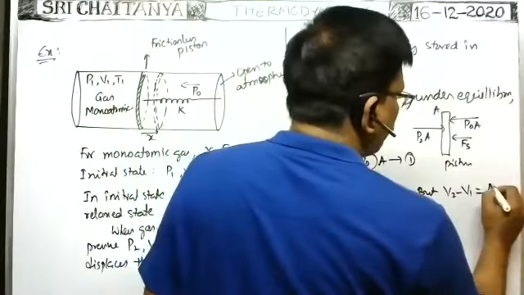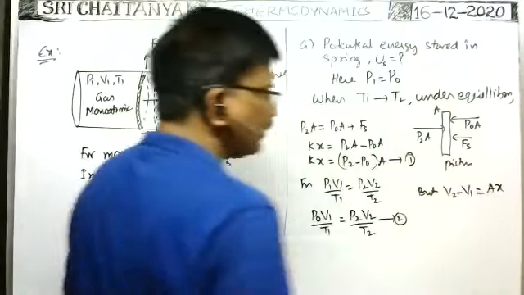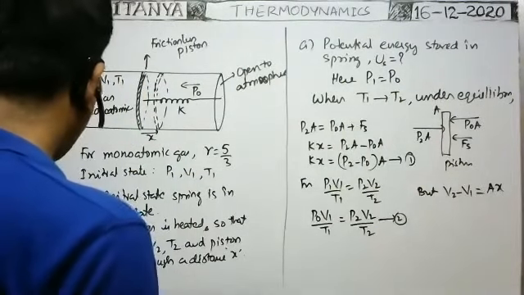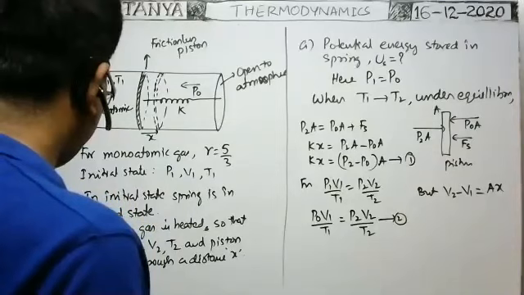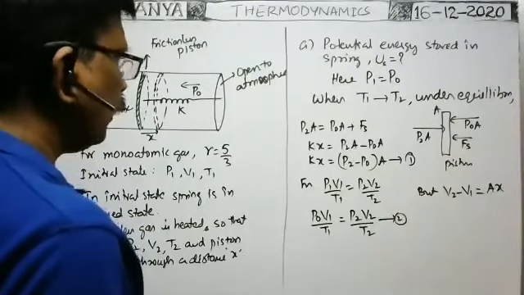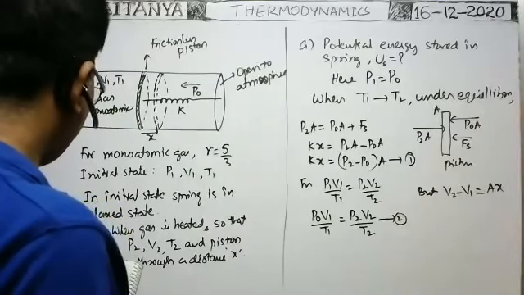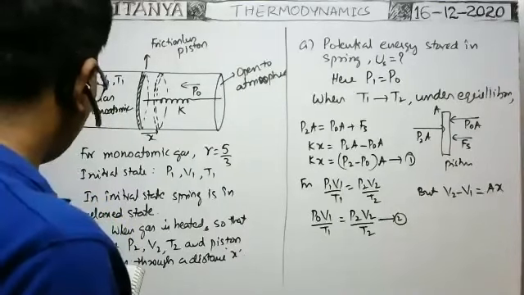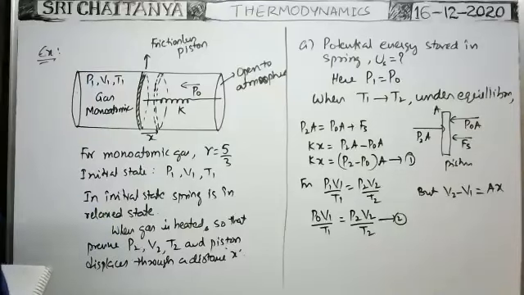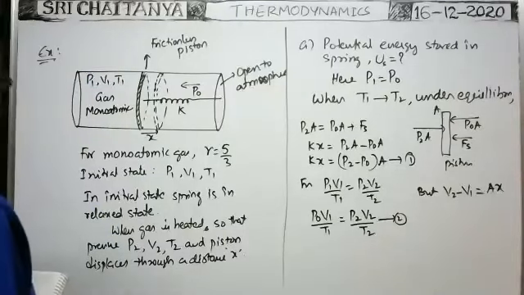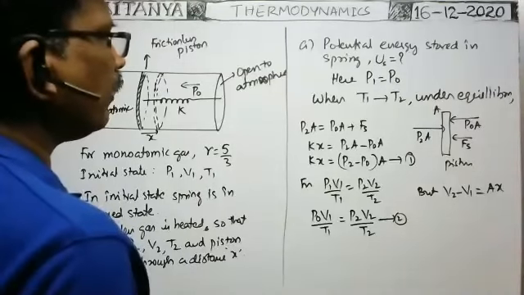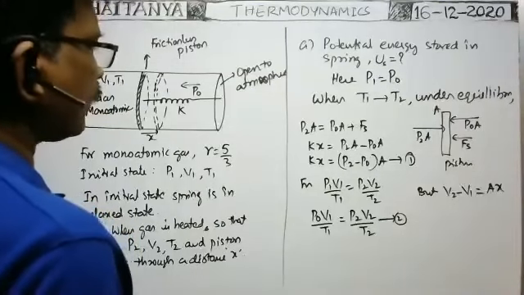That is the increase in volume of the gas. What about the relation between V1 and V2? V2 minus V1 is equal to A into X.